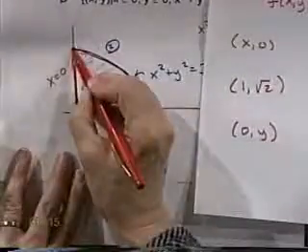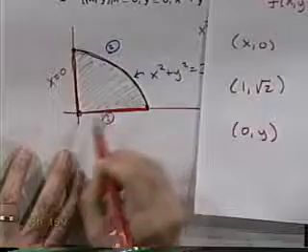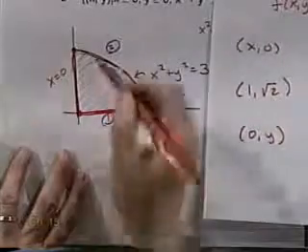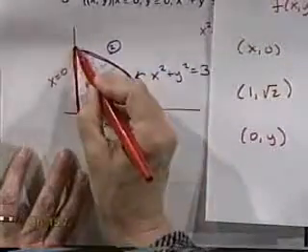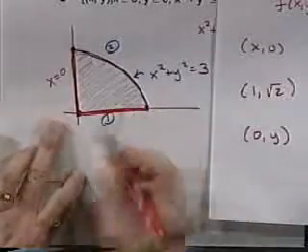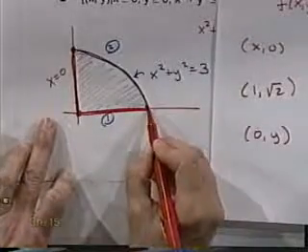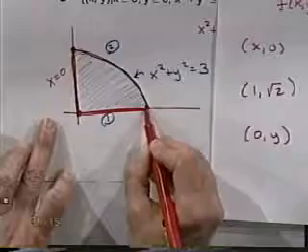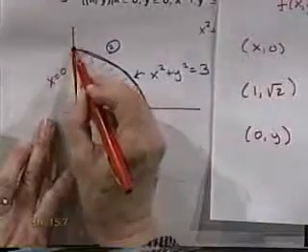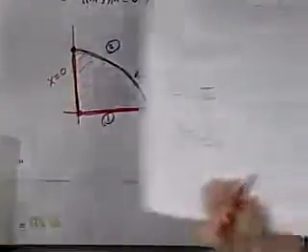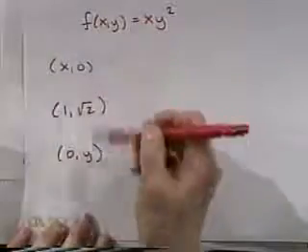Normally I say include the corners, but since we included this entire edge and this entire edge, we have included the corners, so we don't have to add the extra points (0, 0), (square root of 3, 0), and (0, square root of 3).